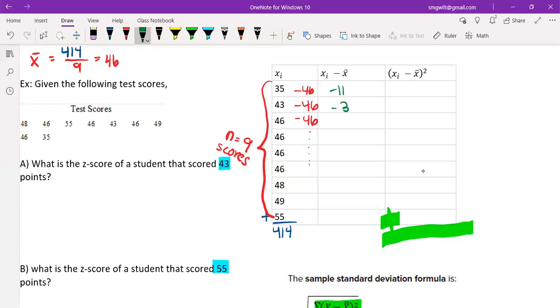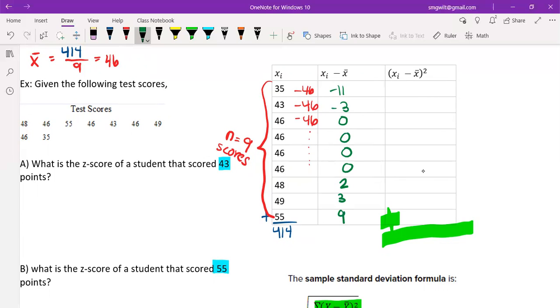Notice I have 46 minus 46, so I'm going to get a bunch of zeros here because I have a lot of 46s in my data set. Once I've gotten past the 0, 48 should now give me a positive number. So 48 minus 46 is 2, 49 minus 46 is 3, 55 minus 46 is 9.